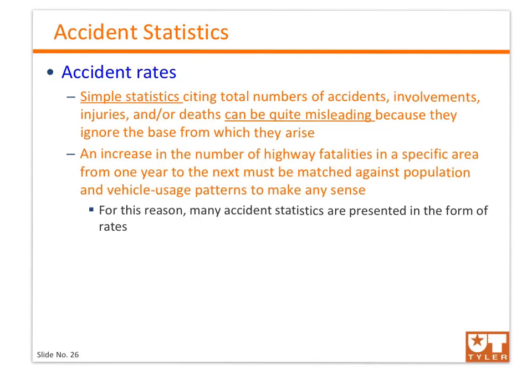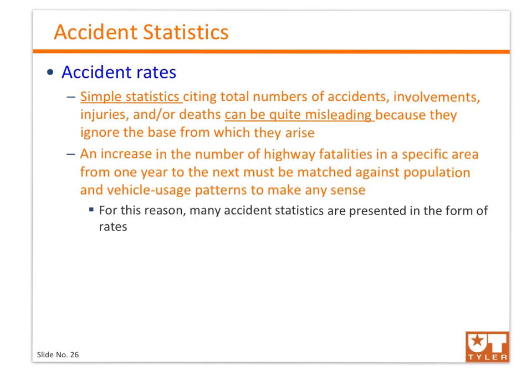So we need to look at detailed statistics rather than simple ones, because, as I said, simple statistics cite the total number of accidents, involvements, and injuries, and they can be quite misleading because they ignore the base from which they arise. An increase in the number of highway fatalities in a specific area from one year to the next has to be matched against population as one reference point, or vehicle usage patterns, to make any sense.